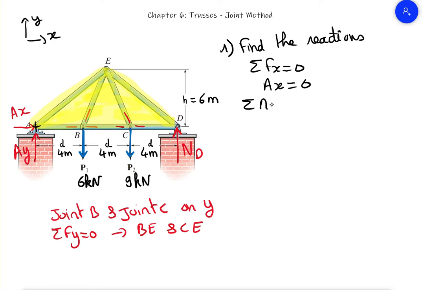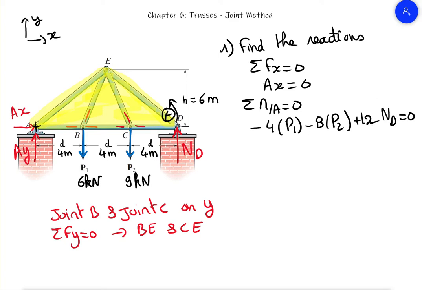Sum of the moments about A is equal to 0. We have minus 4 times P1, minus 8 times P2, minus 12... so 4 plus 4 plus 4. Plus 12 times ND, because ND rotates in the positive direction about point A. So ND is equal to 4 times P1, 6 kilonewton, plus 8 times P2, 9 kilonewton, divided by 12.